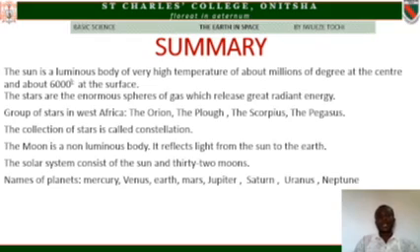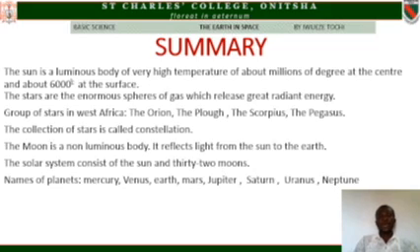Group of stars in West Africa are the Orion, the Plough, the Scorpius, and the Pegasus. The collection of stars is called constellation.